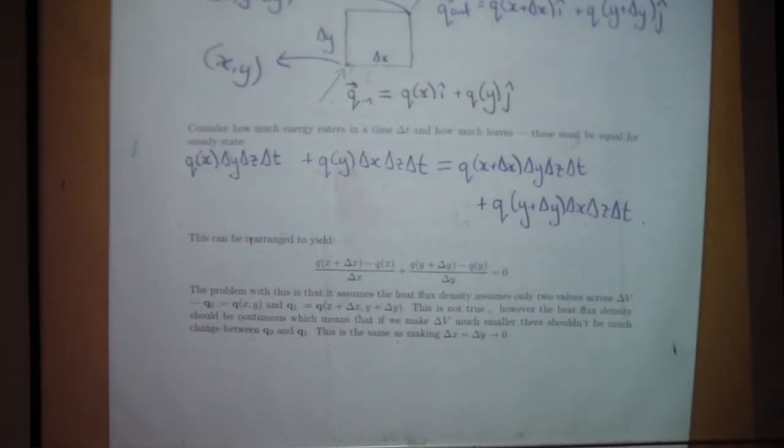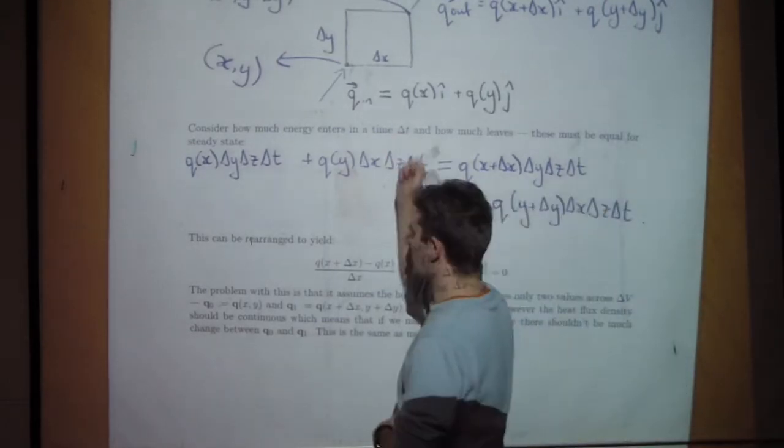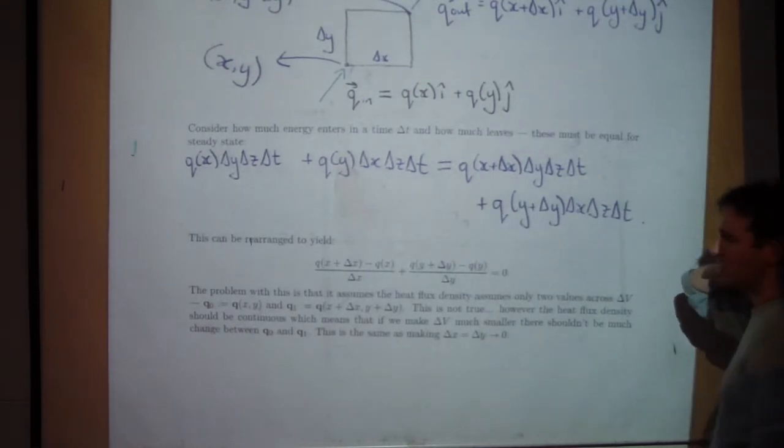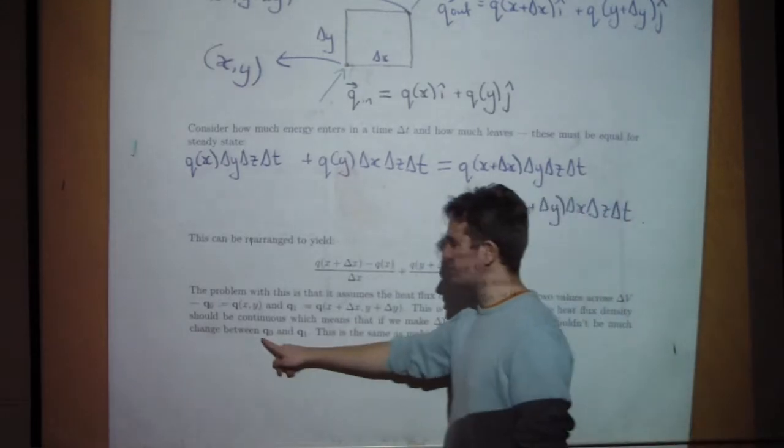The problem with this is that it assumes that the heat flux density takes only two values. That's wrong, this is not true. However, the heat flux density should be continuous. What that means is if you make the volume very, very small, a very fine mesh, there's very little difference between these two.